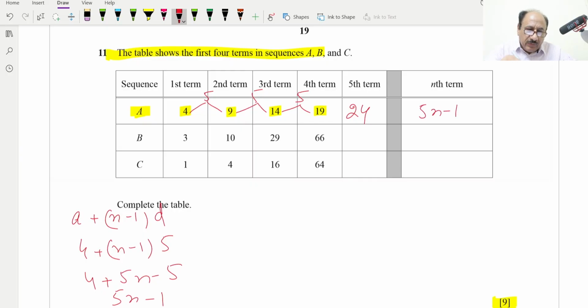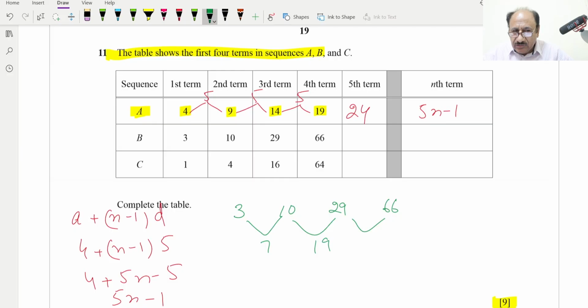This is done. Then for the next one, if we check this 3, then 10, 29 and 66, we will try to use the difference method. Basically this difference is 7 and this difference is 19 and this difference is 37.